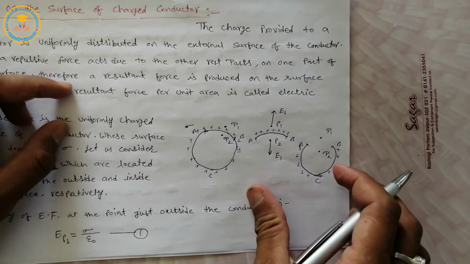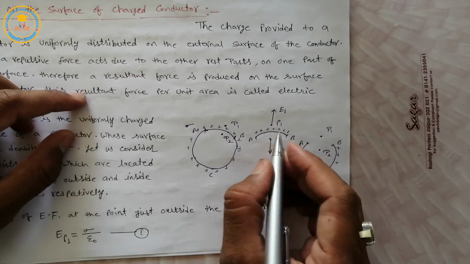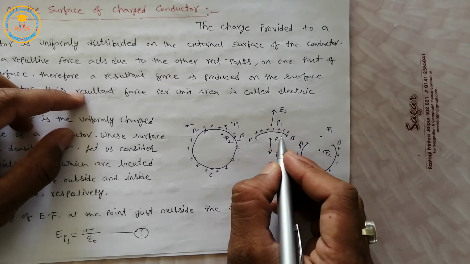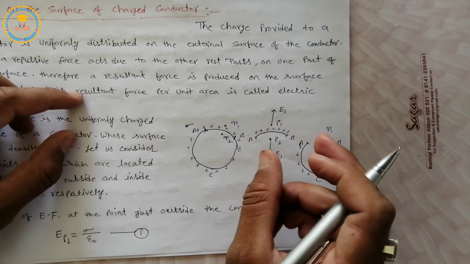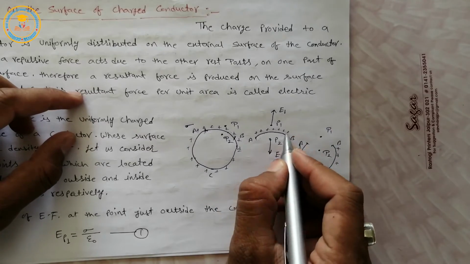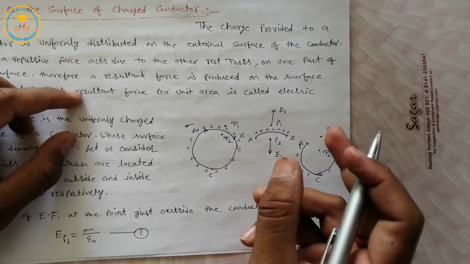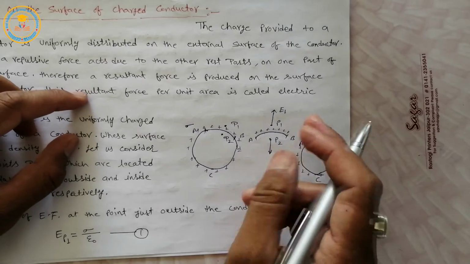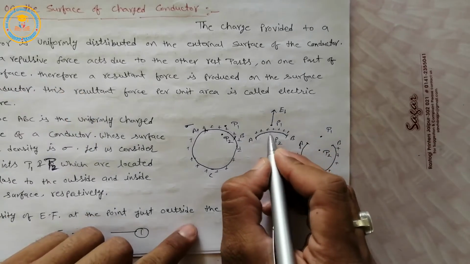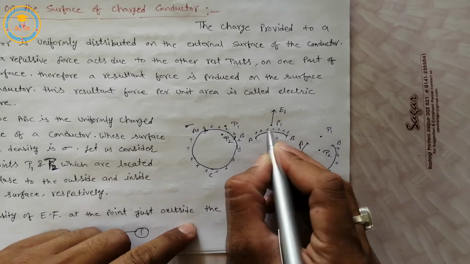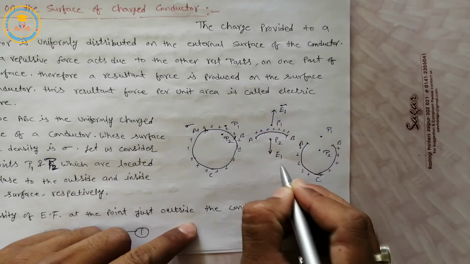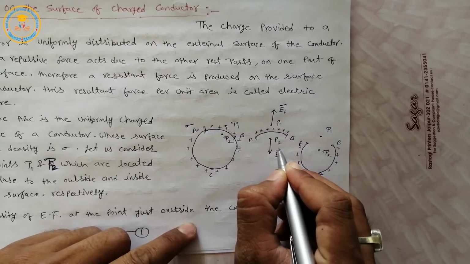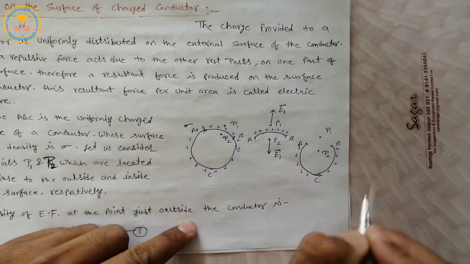Because we know that the direction of electric field intensity due to a point charge is perpendicular, in the outward direction. So we represent the direction of the electric field intensity as E1 vector in this direction.